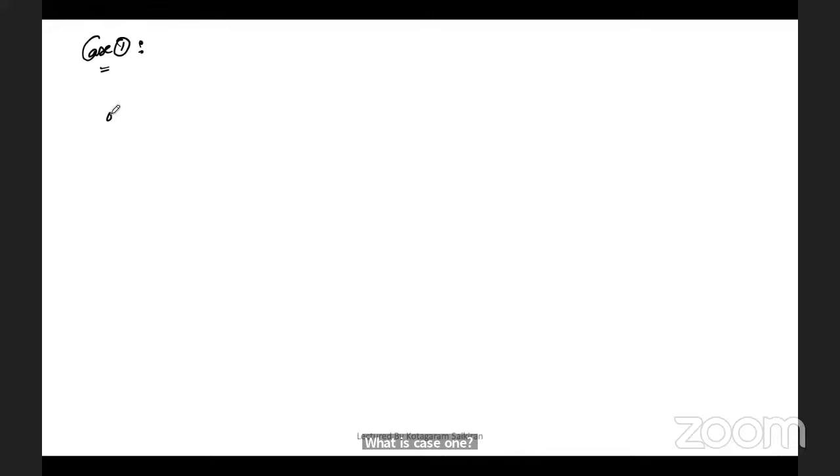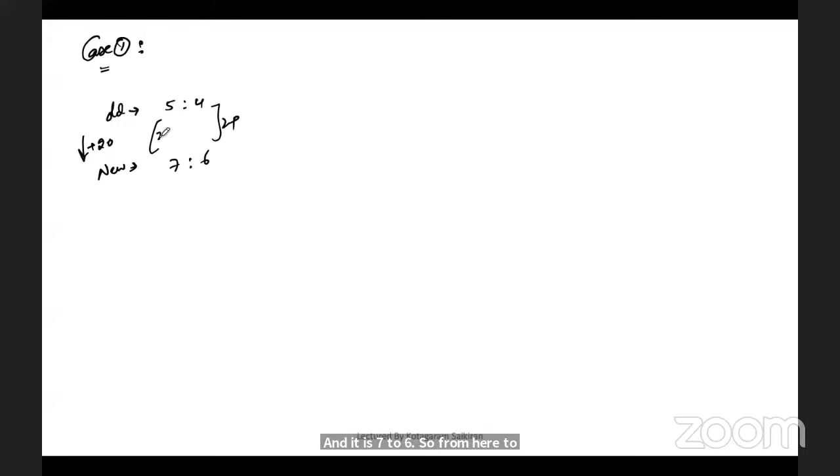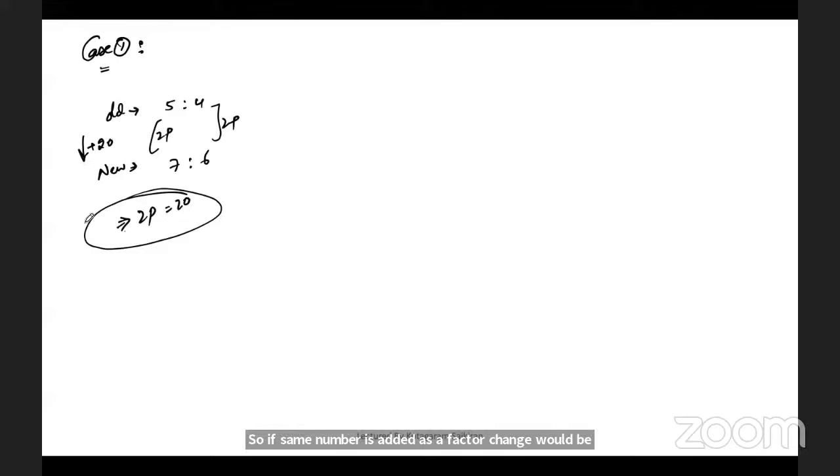What does this mean? Suppose old ratios are 5:4 and new ratios, after adding 20, are 7:6. From here to here, 2 parts added on both sides. If the same number is added or subtracted, the change is the same. Then we equate 2 parts to 20. That's all. So this is case 1.